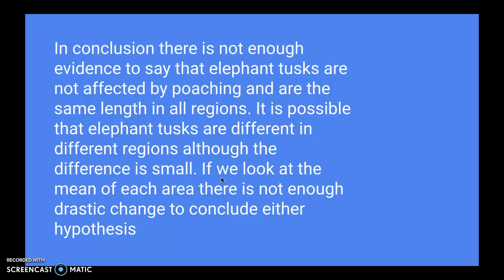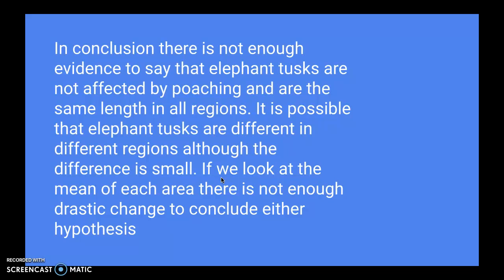So, all in all, in conclusion, there is not enough evidence to say that elephant tusks are not affected by poaching and are the same length in all regions. It is possible that elephant tusks are different in different regions, although the difference is very small. I did say in the other slide, the difference was 0.2 at most.